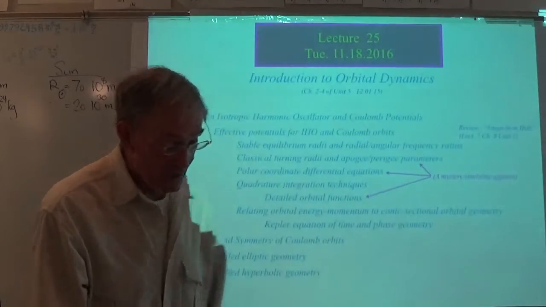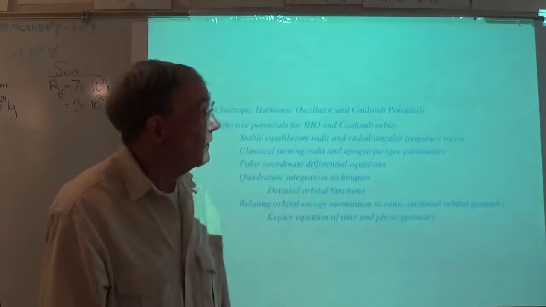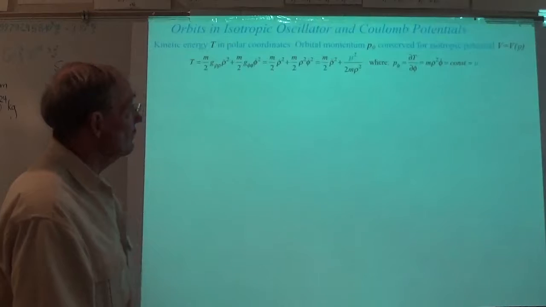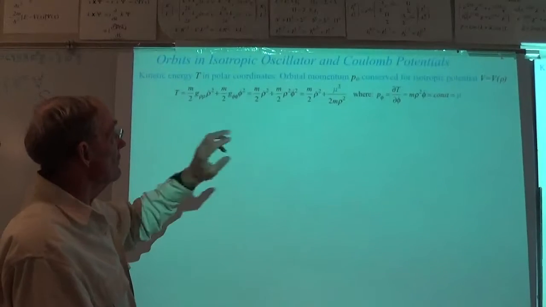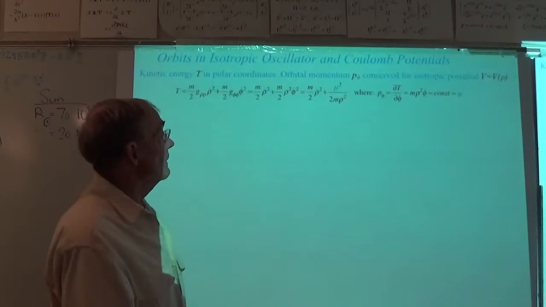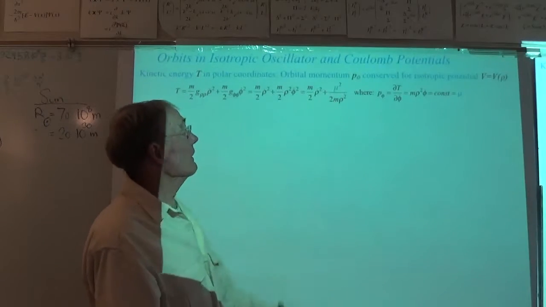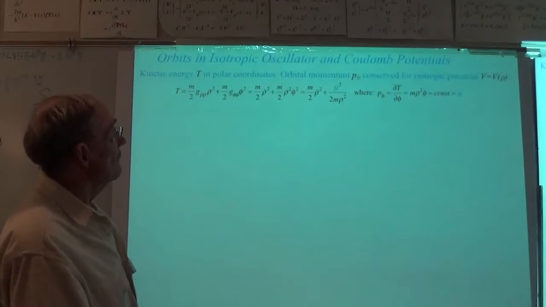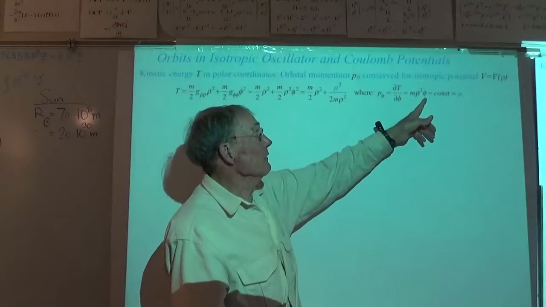Okay, so I'm going to, as usual, try to keep these things more or less lined up with each other. This is the kinetic energy that we wrote down just using metric coefficients, and the idea of the radius rho here comes from having a constant m rho squared phi dot.